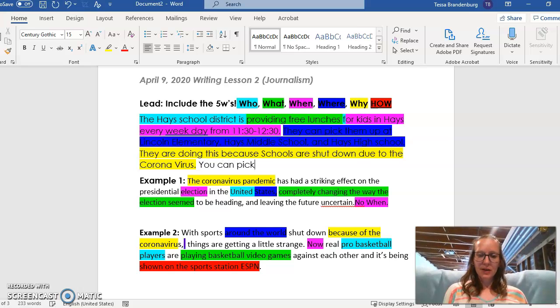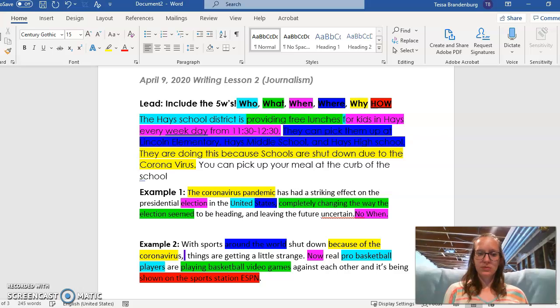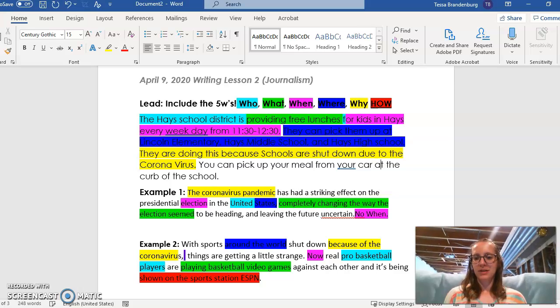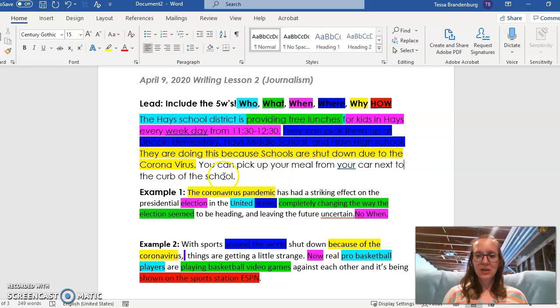You can pick up your meal at the curb of the school. I guess you can, from your car, I guess, you can pick up your meal from your car next to the curb of the school. So something like that could be the how.